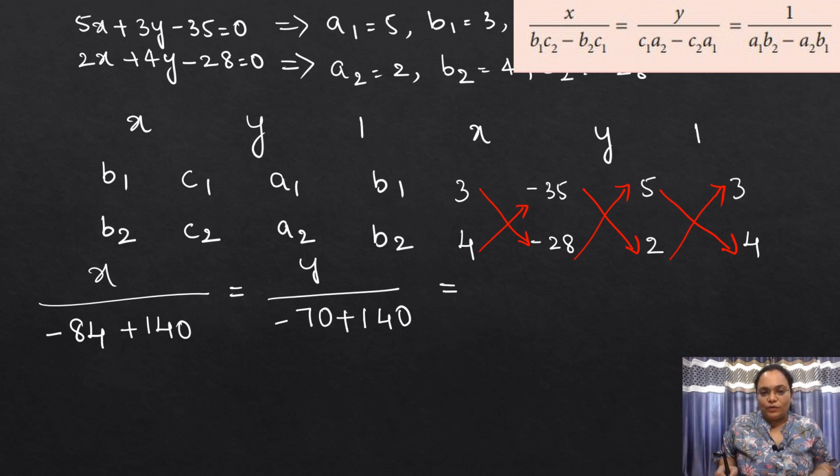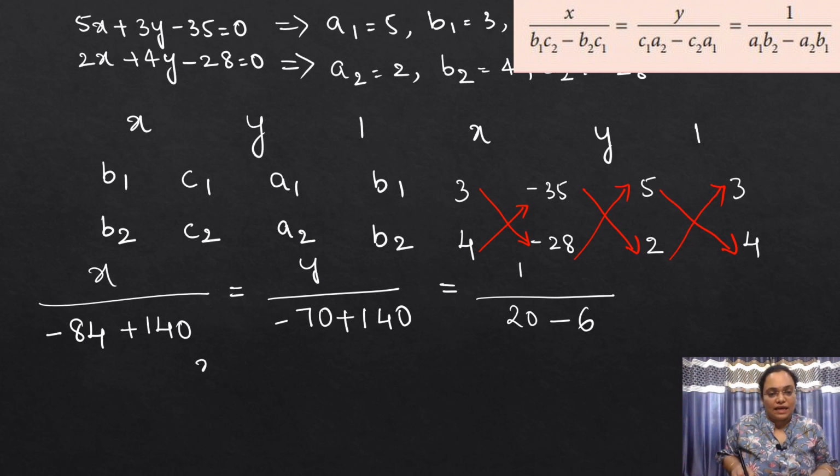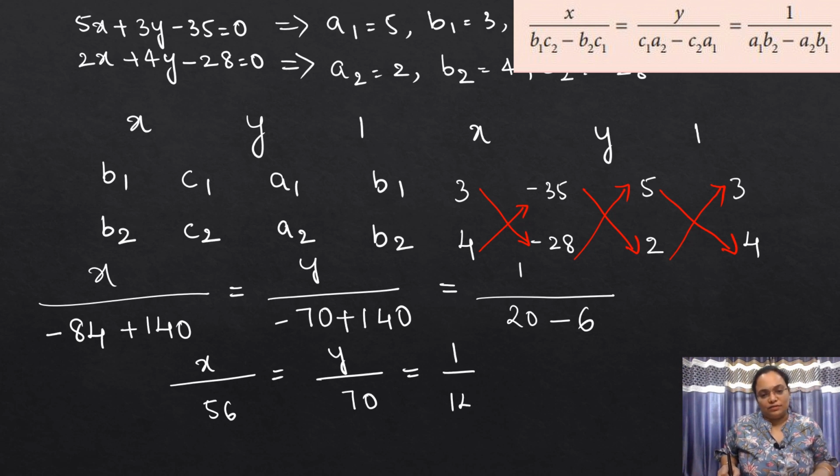Okay, is equal to 1 by 5 4s are 20 minus 2 3s are 6. 20 minus 6. So let us simplify further, which is x divided by, this will be 56 is equal to y by 70 is equal to 1 by 14.